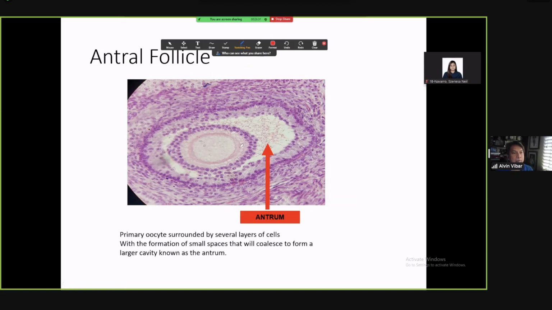So again, you have your primary oocyte here surrounded by zona pellucida, and you could see the space, the antrum. The stage of development again is an antral follicle. The lining epithelium is still stratified cuboidal epithelium.